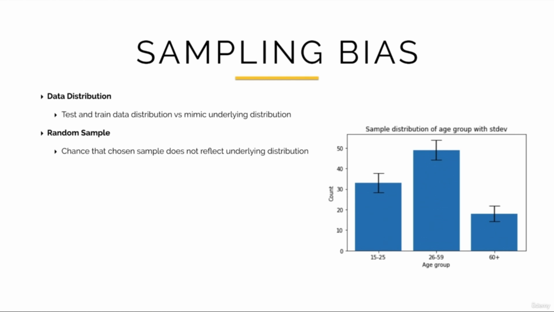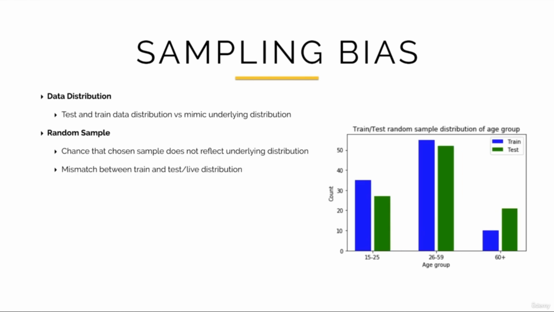And so if we just do a random sampling, then what these error bars show is the standard deviation that we can expect. And so we can see that what we have in the actual distribution versus the values that we can get if we're just randomly sampling, there's a lot of variance in there. There's a lot of uncertainty.